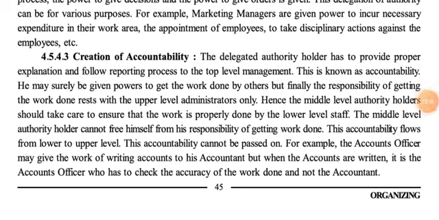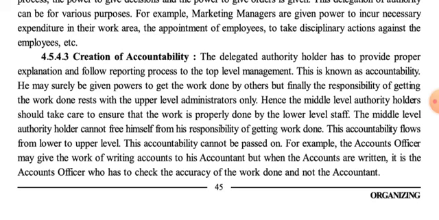Hence, the middle level authority holder should take care to ensure that the work is properly done by the lower level staff. It means, first of all, the work is assigned by the top level authority to the middle level authority.